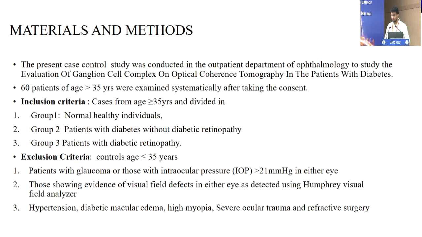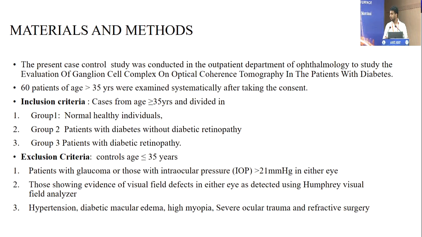Then the materials and methods which we used. Our study was a case control study conducted in the outpatient department. We used the tool of OCT in examining the ganglion cell complex at the area of the macula. Our inclusion criteria were normal healthy individuals in that age group, patients with diabetes without diabetic retinopathy, and patients with diabetic retinopathy.